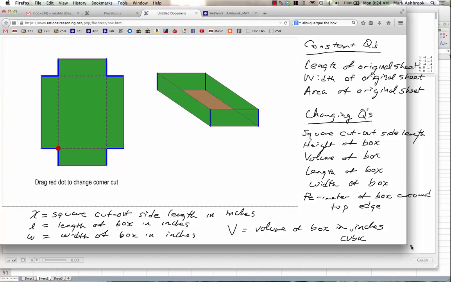Okay, so you guys did an example for a square cutout length of 1.5. So now we're just going to do it generally. So here's our width of the box. Where does that show up in the picture at left? Where in this picture is W seen or represented?